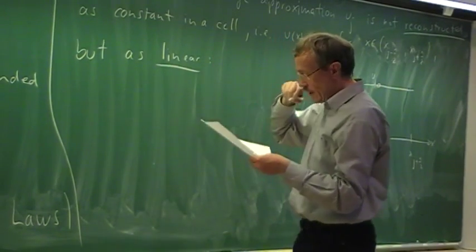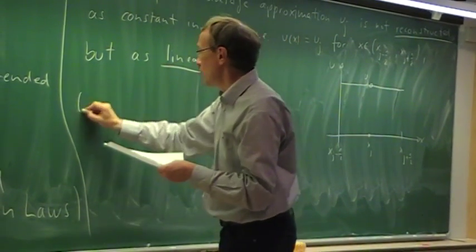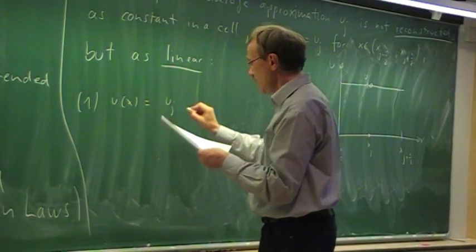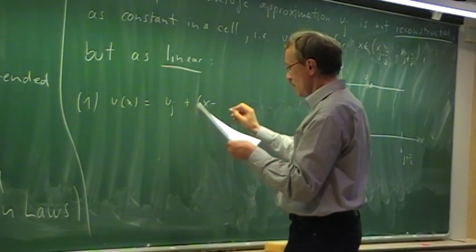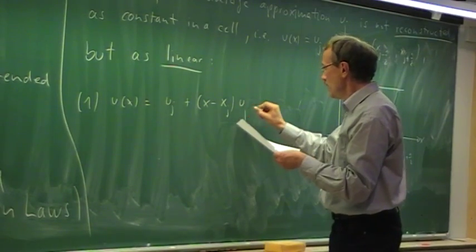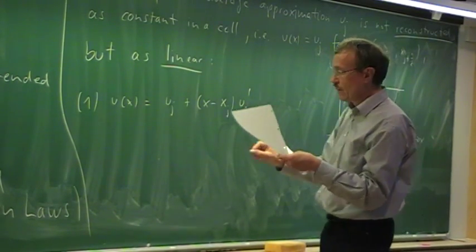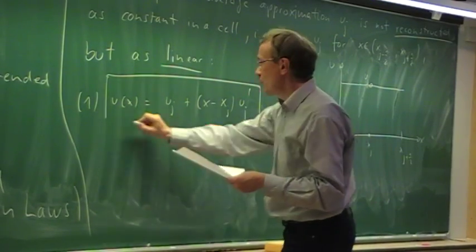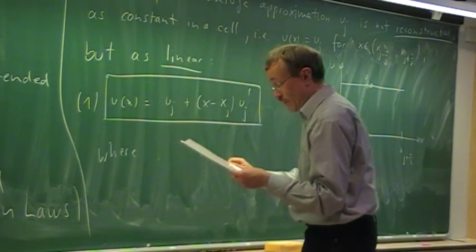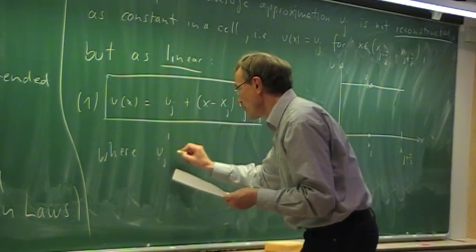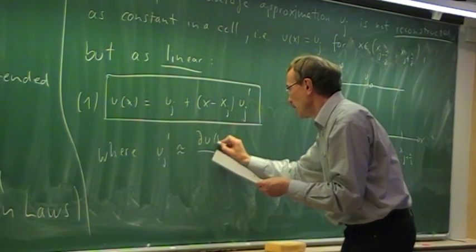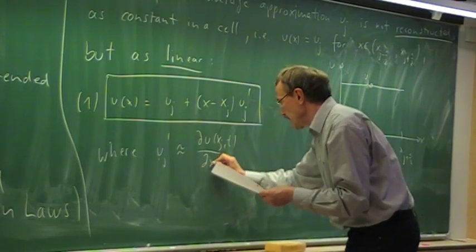So then we can get a better approximation. In that sense, he was assuming, okay, we still take the uj, but we take now also the slope into account. That we have to determine in some way. The uj prime. So uj prime is supposed to be an approximation of the slope, du of xj,t dx.